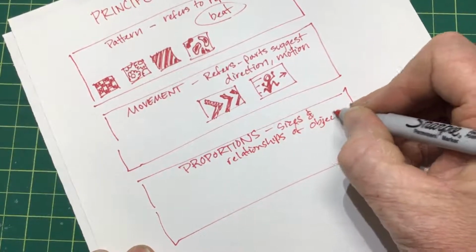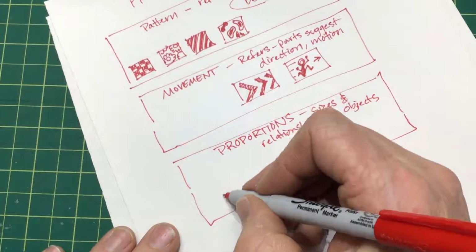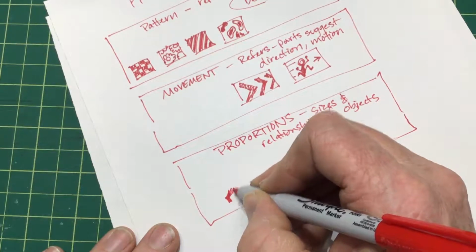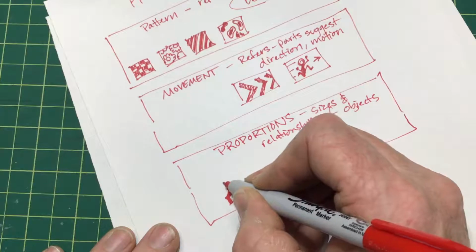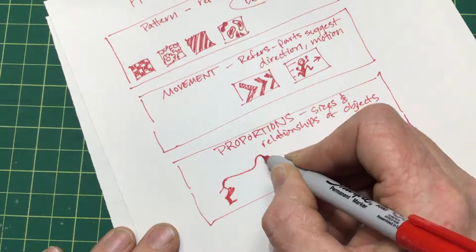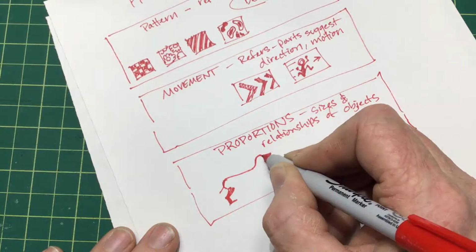Okay, I'm going to use animals right now. So we generalize with proportions. You could draw this with me. This is going to be a dog. It's not going to be pretty, but here's a dog that looks like a duck.